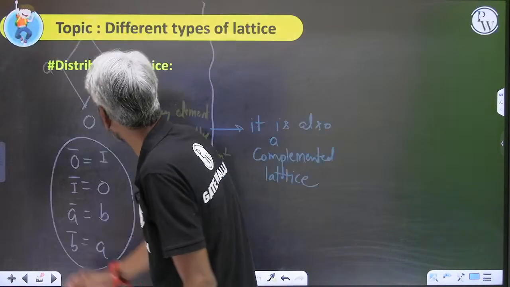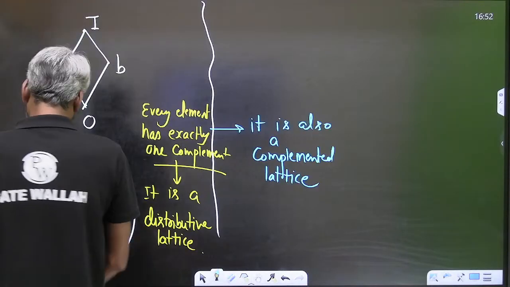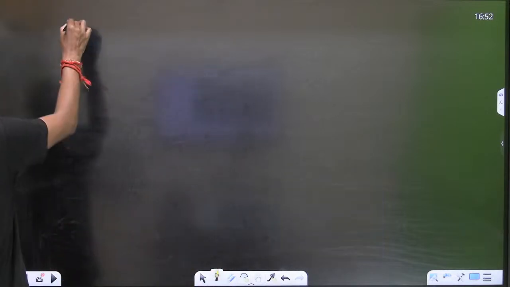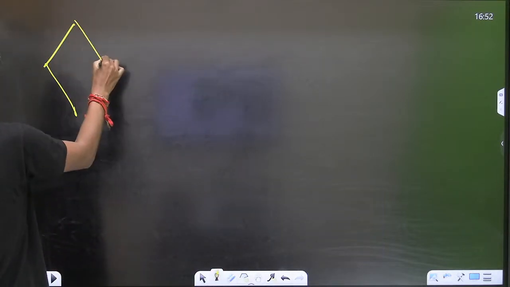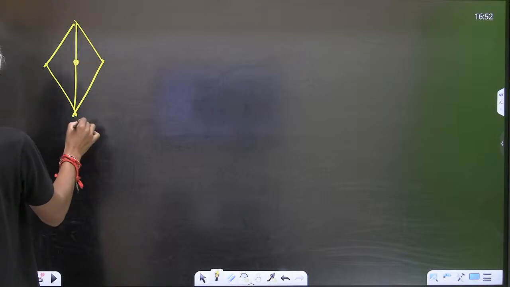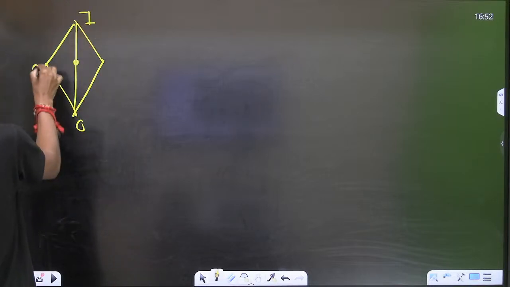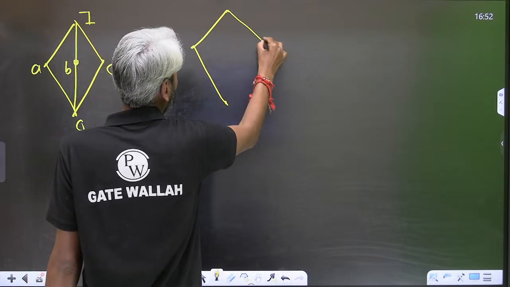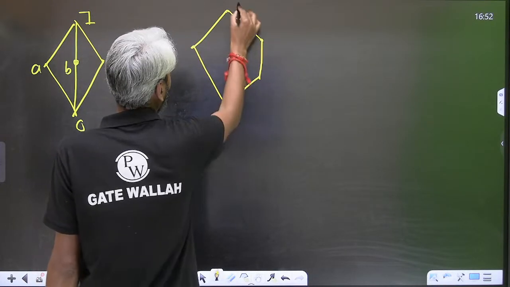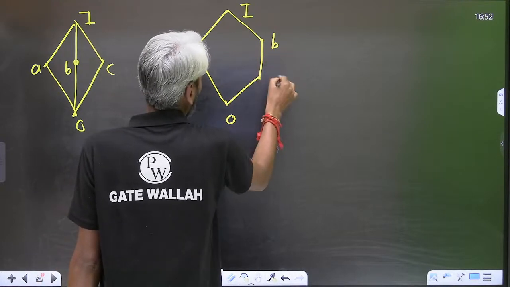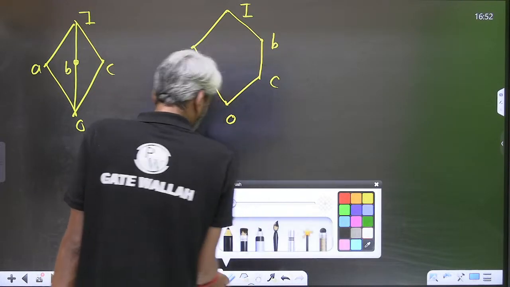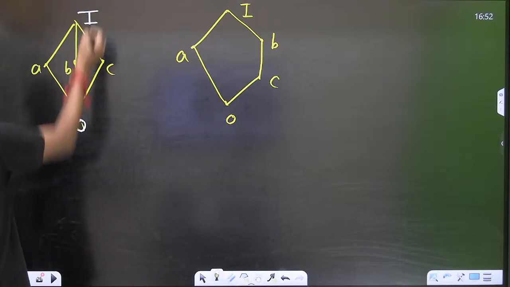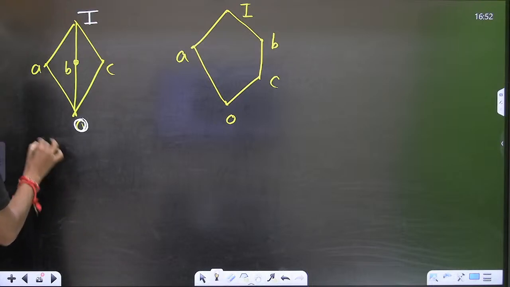Okay, let's take one more example. Look at this. Please try to understand. We know that for O there will be only one complement, I. For I there will be only one complement, O. But what are the complements of A?